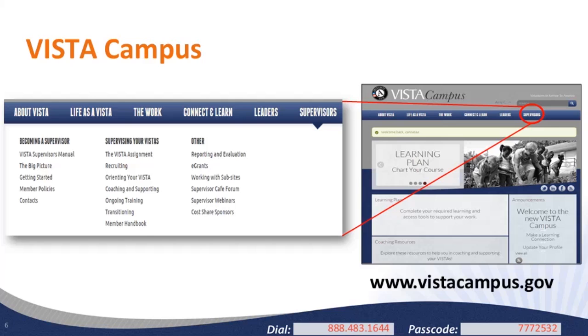The supervisors page specifically contains go-to resources to help you manage your VISTA project, connect with supervisor peers, and hopefully answer a lot of the questions that you may have. If you have not visited the VISTA campus yet, please do so right after this session. It has a plethora of resources, and we want you to be able to utilize all the resources you have at your fingertips.